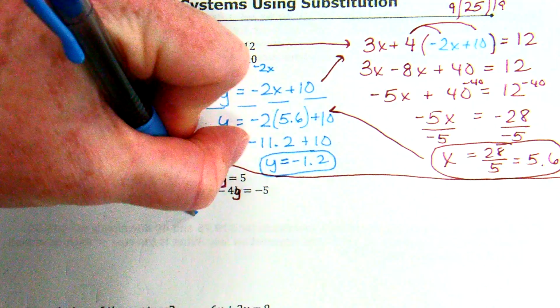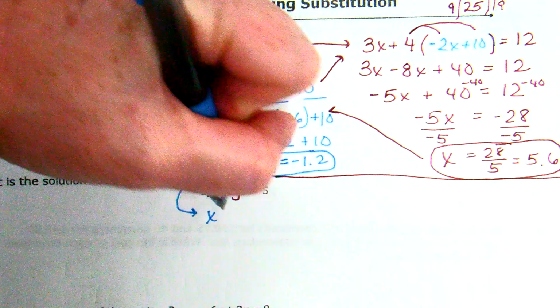Since it was x plus 3y, we're going to subtract 3y. So I'm going to have x is equal to 5 minus 3y, or negative 3y plus 5.